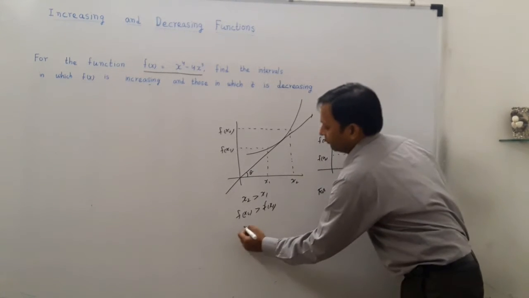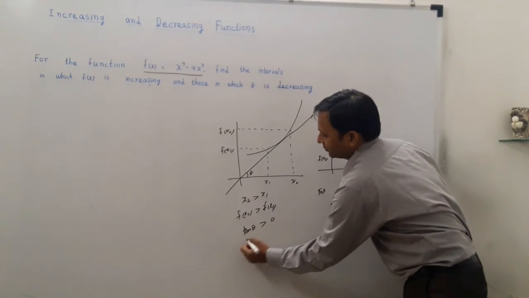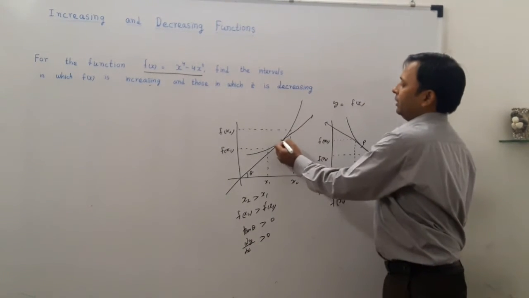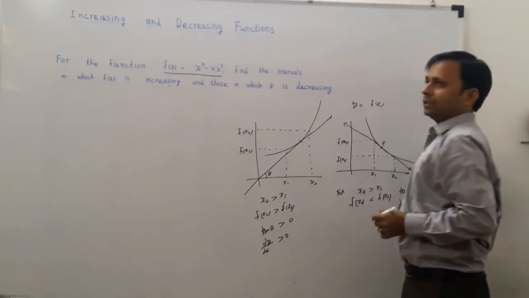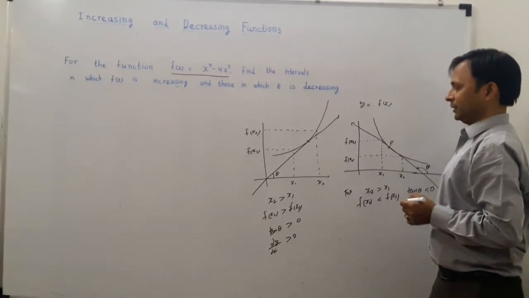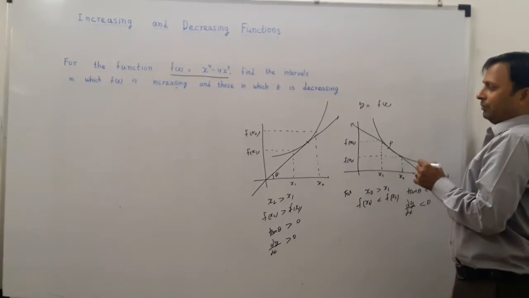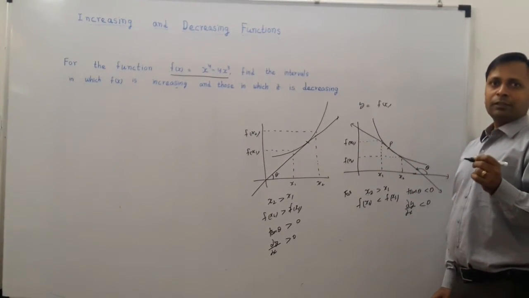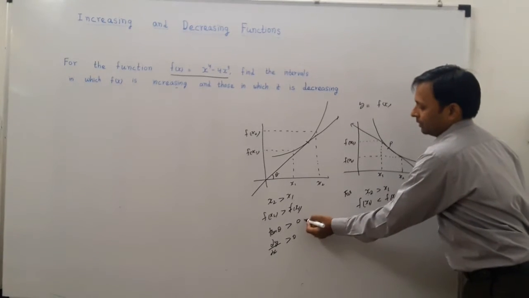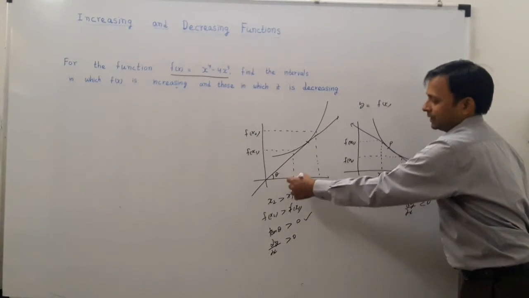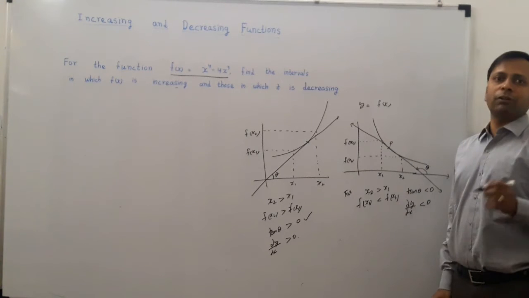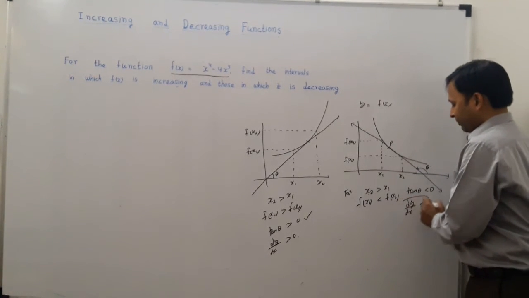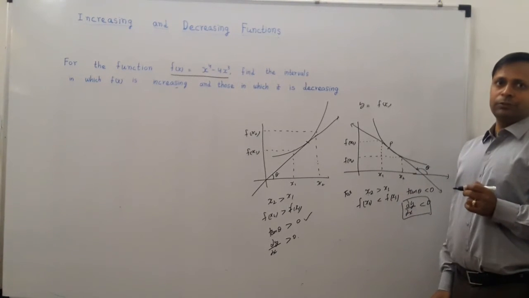So the value of tan theta is greater than 0, which means the value of dy by dx is greater than 0 at any point on this curve, which is an increasing function. So what we understand from all this is, for an increasing function the value of dy by dx is always positive, and for a decreasing function the value of dy by dx is less than 0.